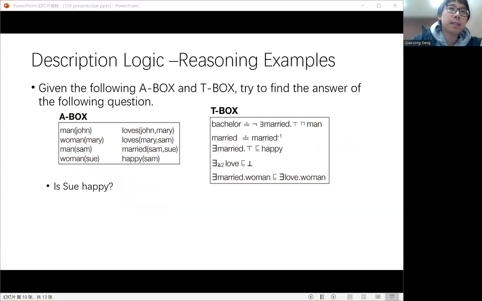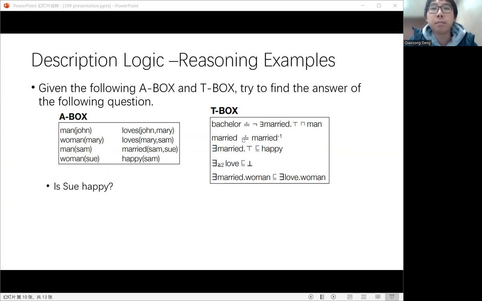At the end of this presentation, let's do some simple reasoning together. Given the following A box and T box, try to find the answers to the following questions. Because the A box is just some facts with simple syntax, I don't want to explain them too much. Let us focus on understanding the T box first. The first rule is bachelors are unmarried men.